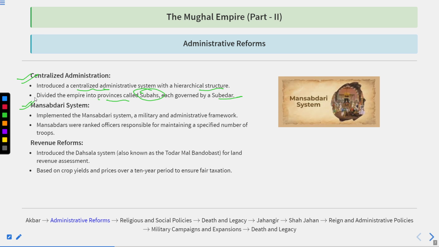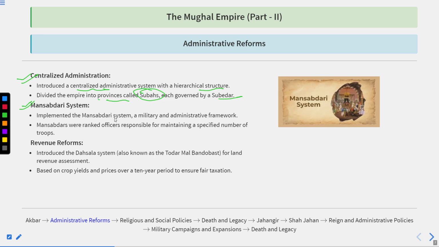What was the Mansabdari system started by Akbar? Mansab means the division of the officers according to their rank, and this is known as the Mansabdari system. He introduced the Mansabdari system where he divided the officers, or the Mansabdars, into ranks according to their position.